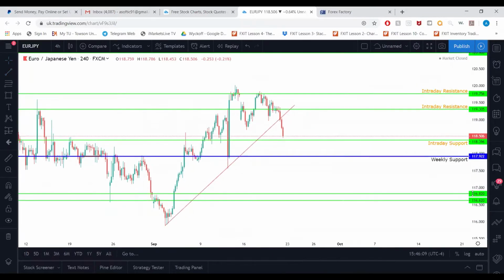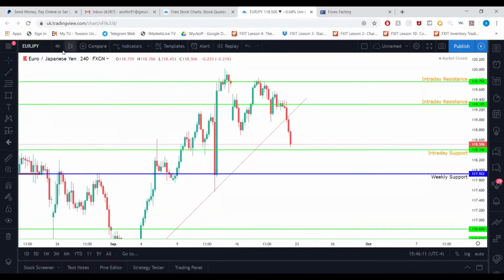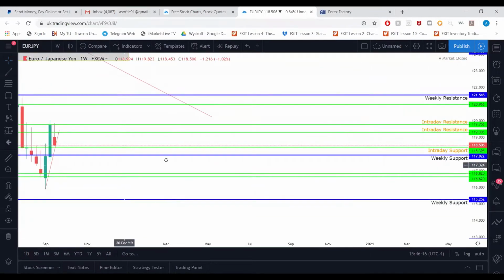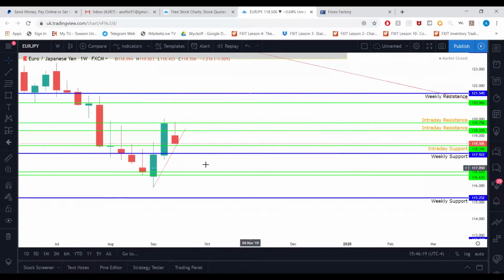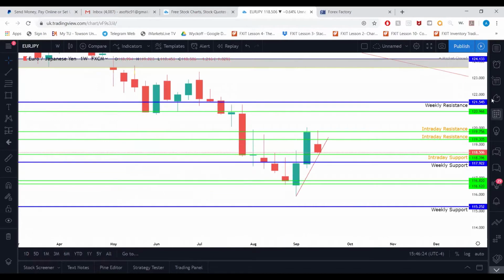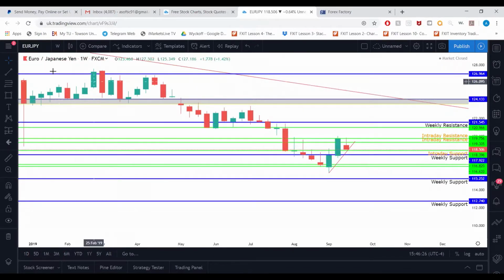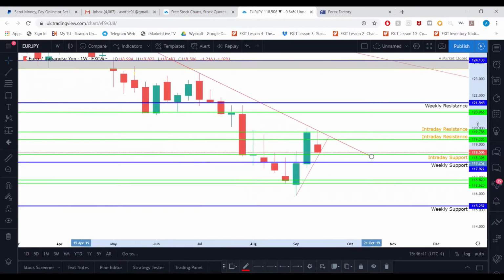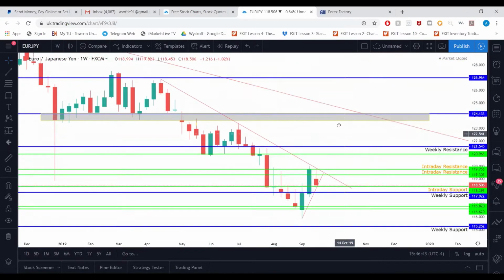No, actually it broke the trend. Let's see, on a weekly. On a weekly, we don't have a breakout yet of the trend. Let's see from the top here, because it was in a downtrend. Well, soon we will know the big move on Euro JPY, because this is still the overall downtrend on the weekly.